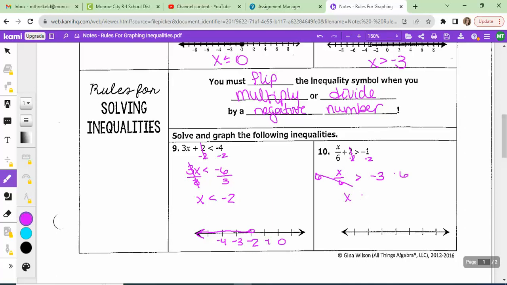So we get x greater than negative 18. And you don't have to label every single number on your number line. A lot of times I do every other. If you want, just enough that we have a few points. So it would be an open circle at negative 18. And then which way are we going? Right.